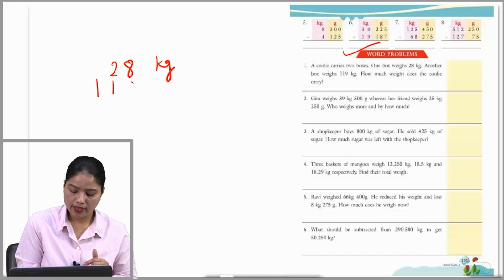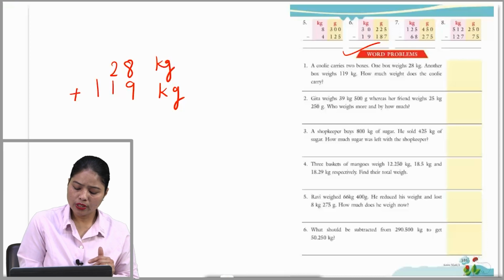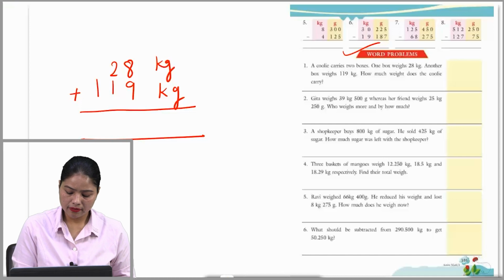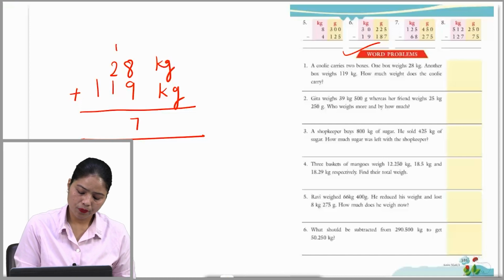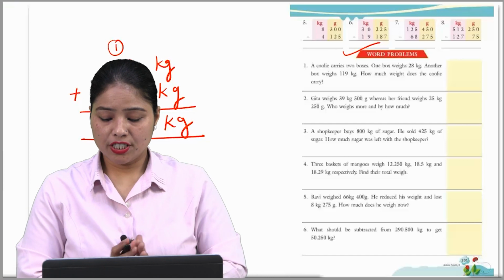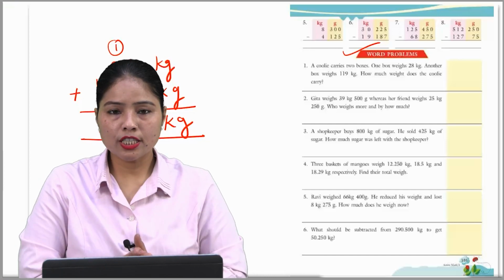So write it 119 kg. Now add both the values together. So 8 और 9, 17. Carry 1. 2, 3 and 4 and 1 का 1. So 147 kg. The coolie carries 147 kg. Okay, I hope you understood well.